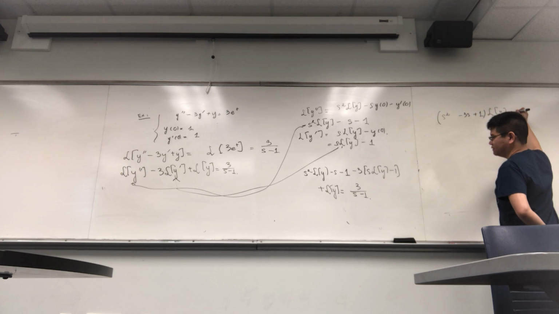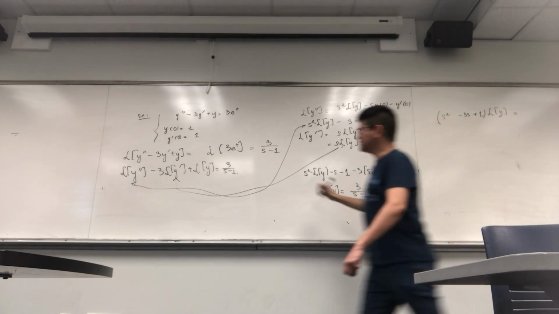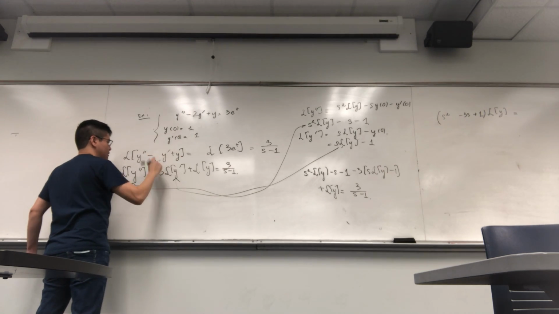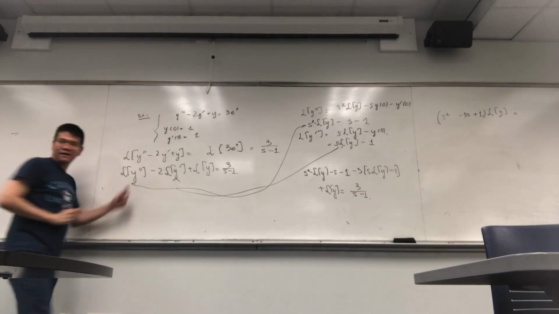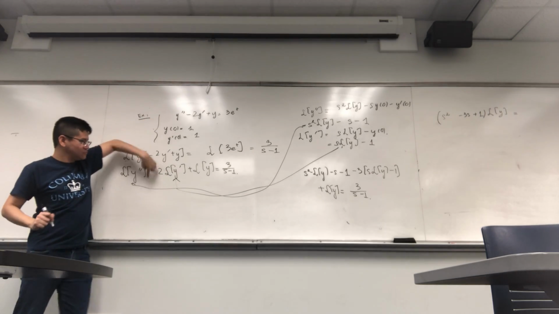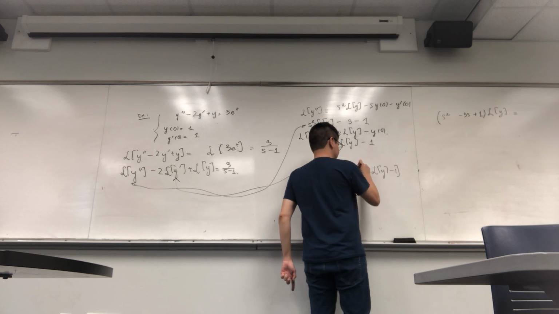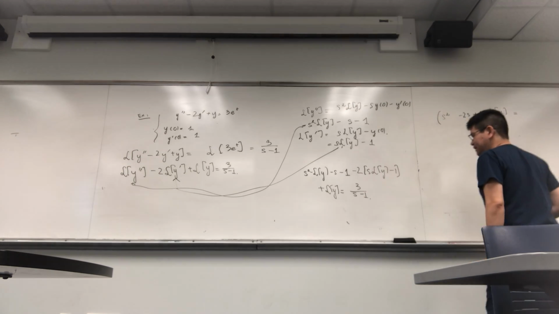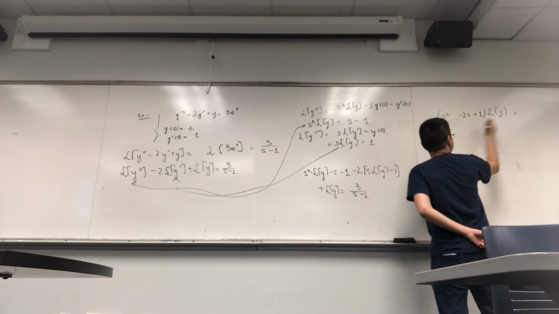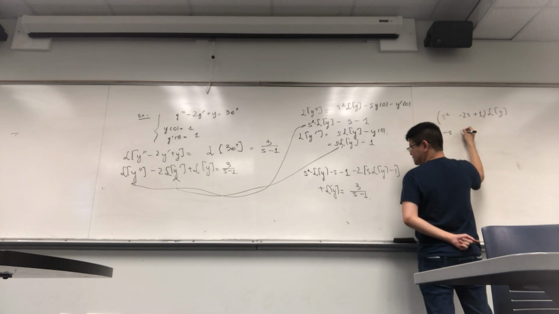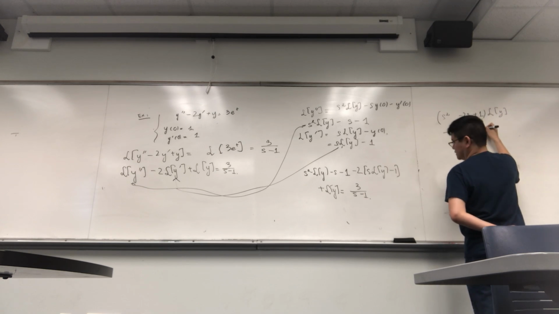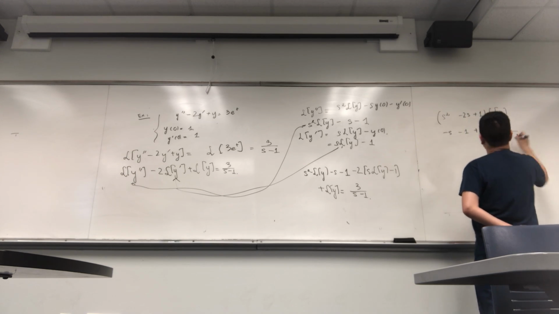And I think I made a mistake here, I have minus 2. Sorry, I made a typo. So this is 2, this is 2, this is 2. So here I have s squared minus 2s plus 1, Laplace transform of y, and the leftover will be minus s minus 1 plus 2, is going to be 3 over s minus 1. Alright?